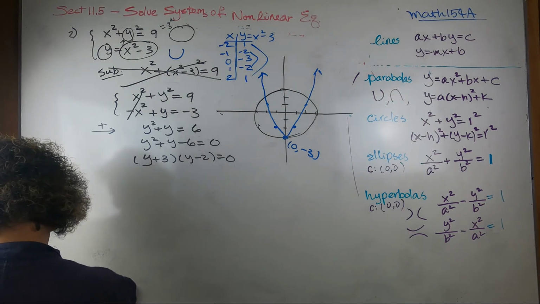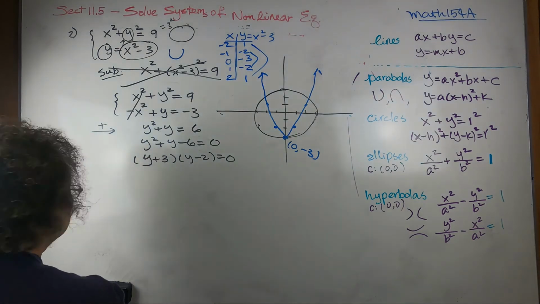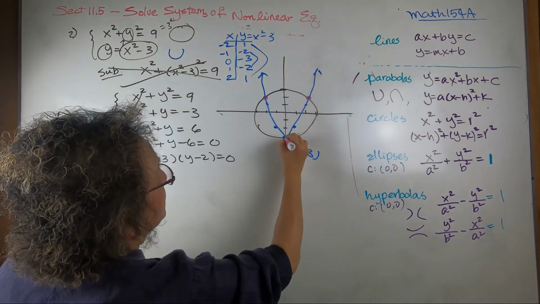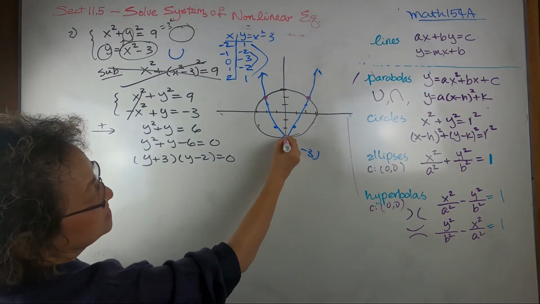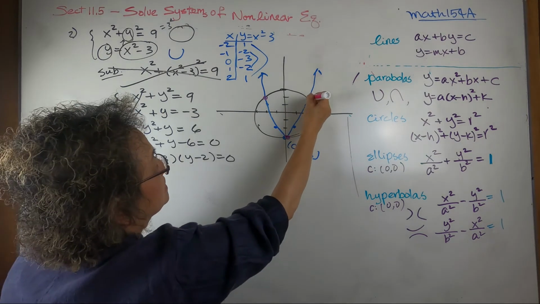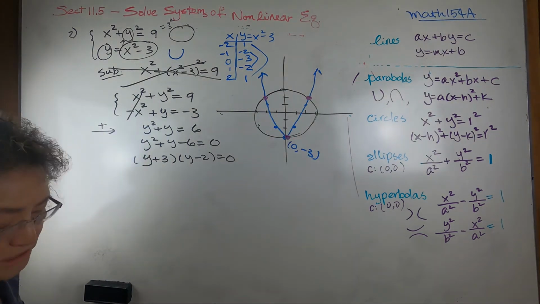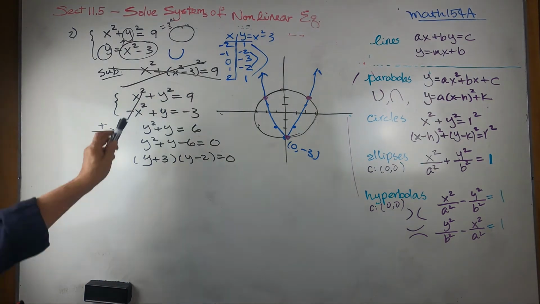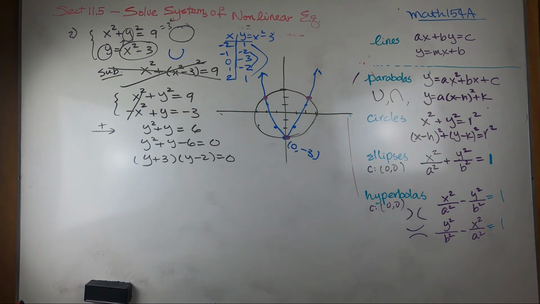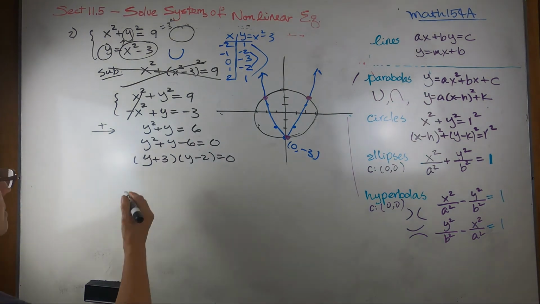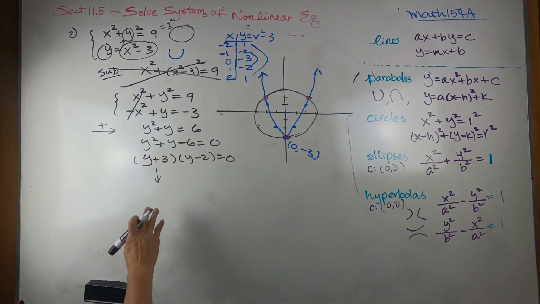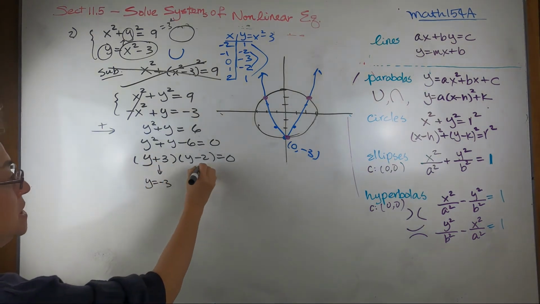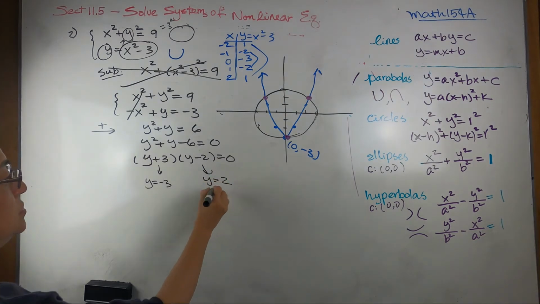So how many solutions should we expect? 3 of them, right? This one you can tell the exact position, but these 2 are really hard to tell. So we have to use algebra to resolve it, right? So this one, y equals negative 3, this one, y is 2.